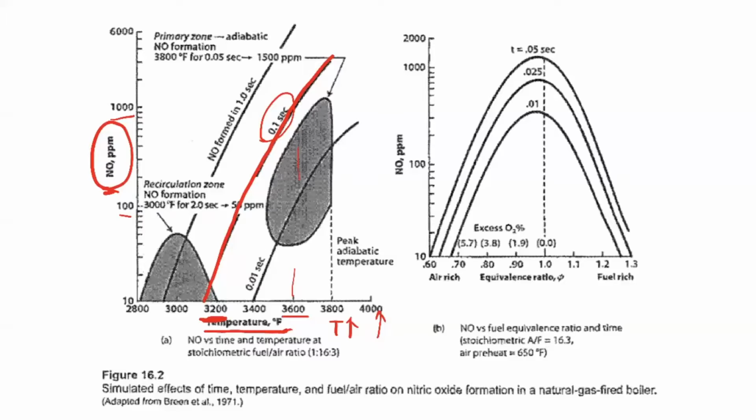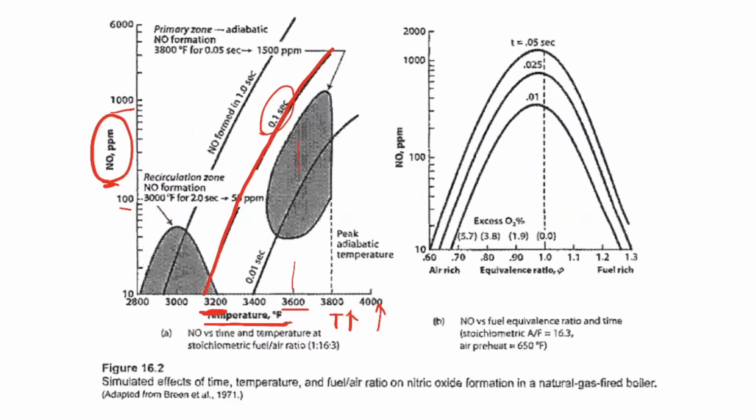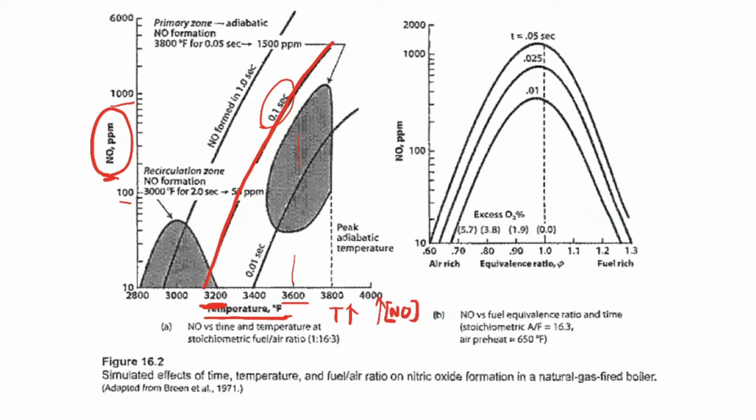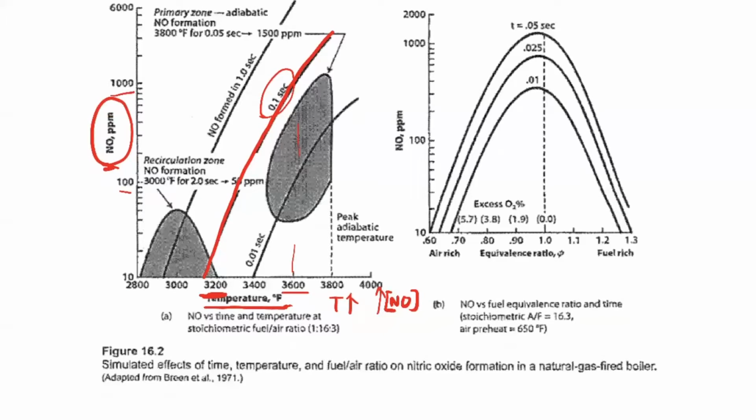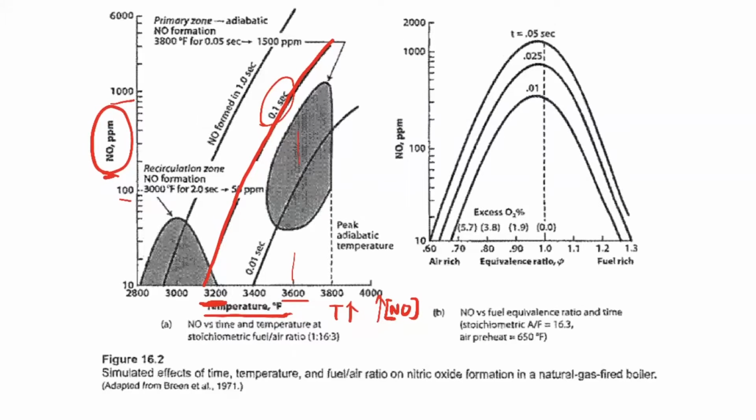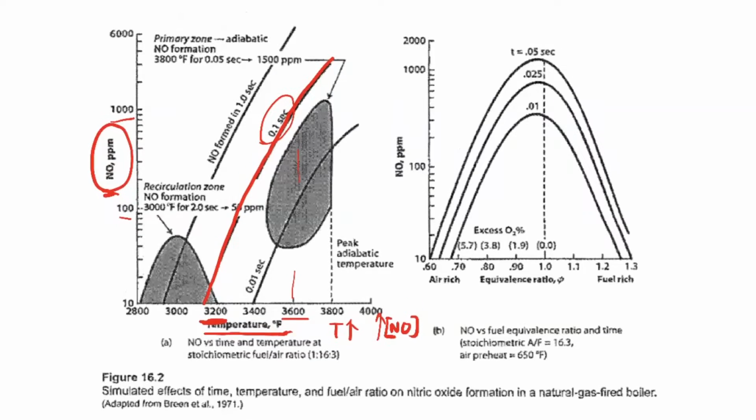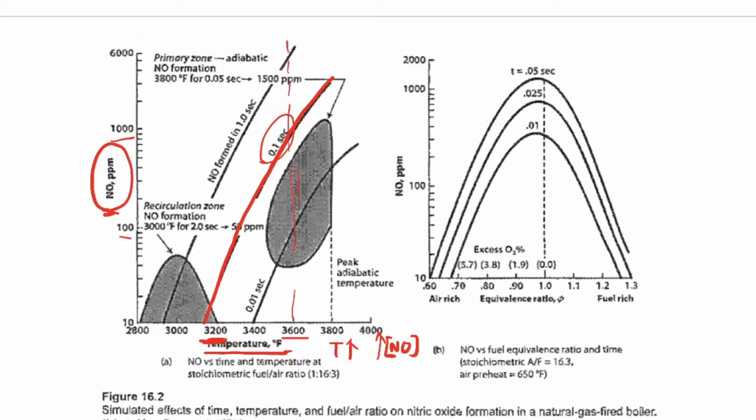Okay, so you can see that the nitrogen monoxide concentration is very sensitive to temperature. Right, the higher the temperature, the more the NOx or the nitrogen monoxide. But also, you can make an intercept in this way. Let's draw a vertical line.